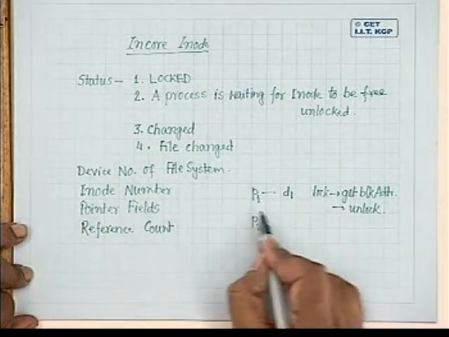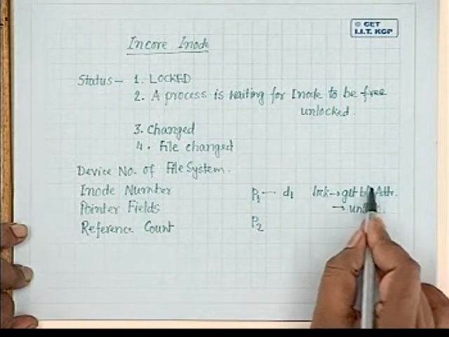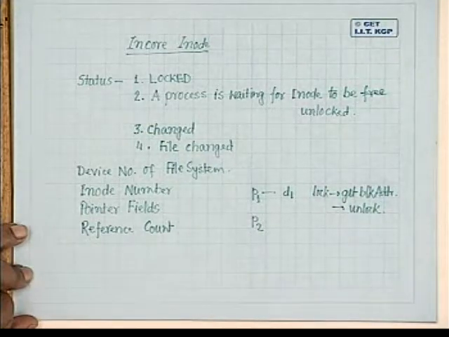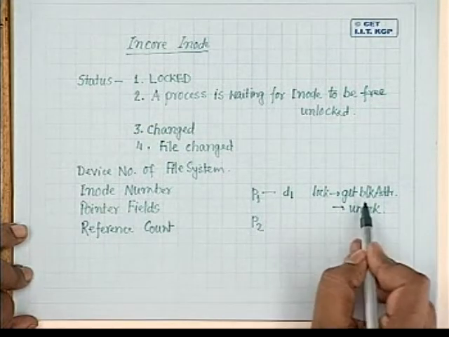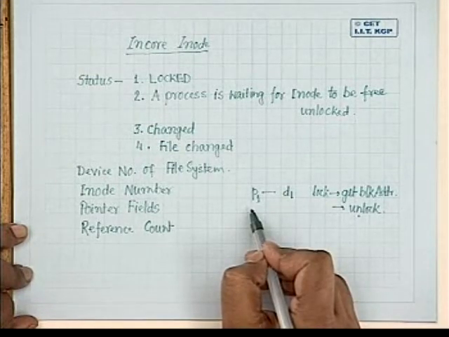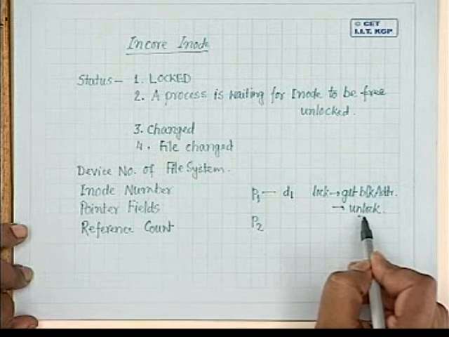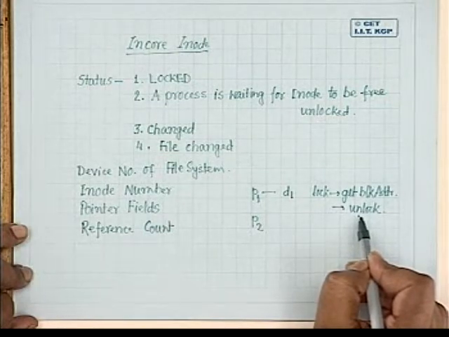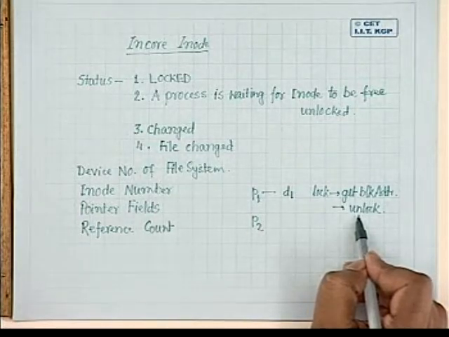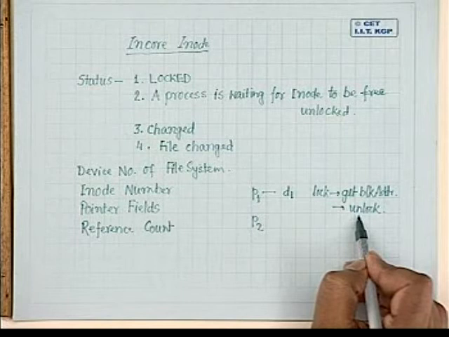Now while process P1 is accessing the table of contents to get the block address, process P2 cannot access the same inode. The process P2 will access the same inode only when it is unlocked by process P1. But this does not mean that the process P1 has closed the file. Process P1 has only accessed the inode to get some information. It has not closed the file.